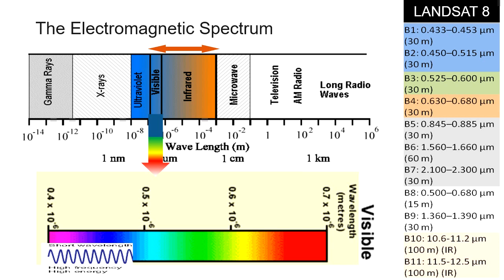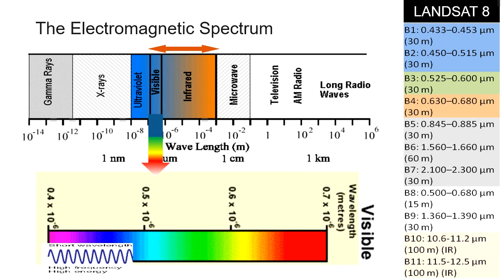On the right hand side you can see the Landsat 8 data, and this Landsat 8 data is giving you around 11 bands. My intention in adding these Landsat 8 bands here is to correlate the visible part, meaning the electromagnetic spectrum, with the given bands in Landsat 8.